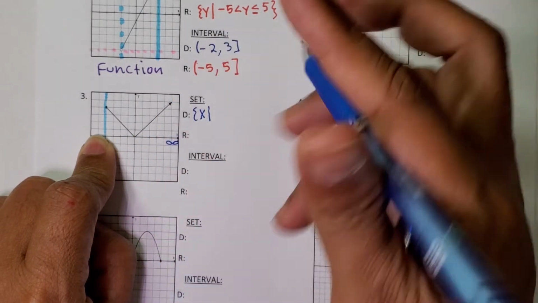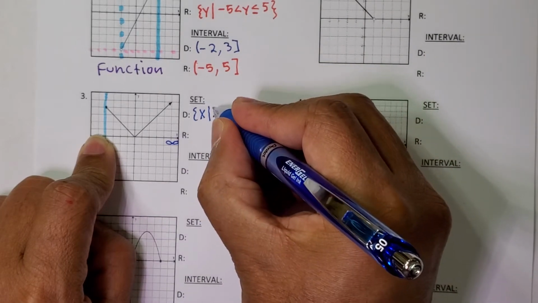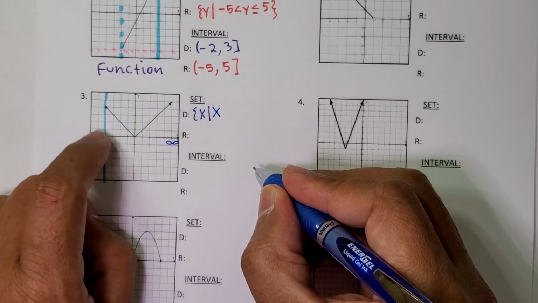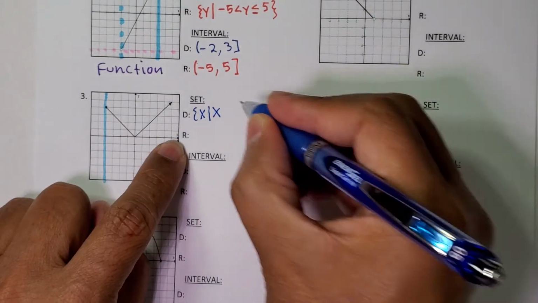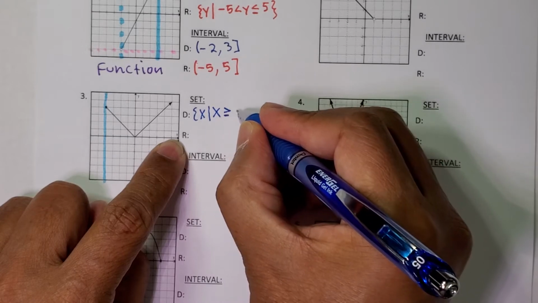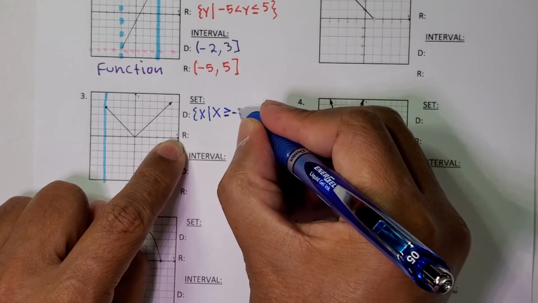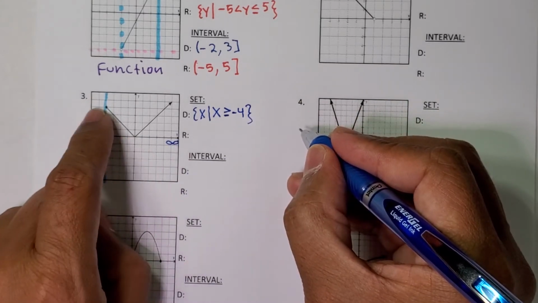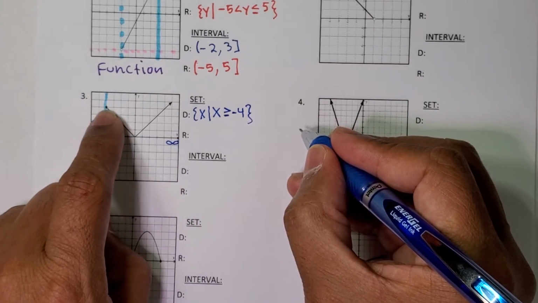You do it in the following way. I'm going to have x, and since it's going from -4 to the right, meaning it's going to take from -4 and it's not going to stop, from -4 I'm going to take all the values that are greater than or equal to -4. Why equal to? Because this one here is a closed circle.